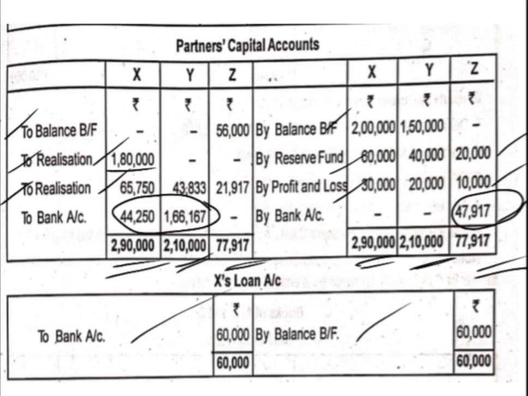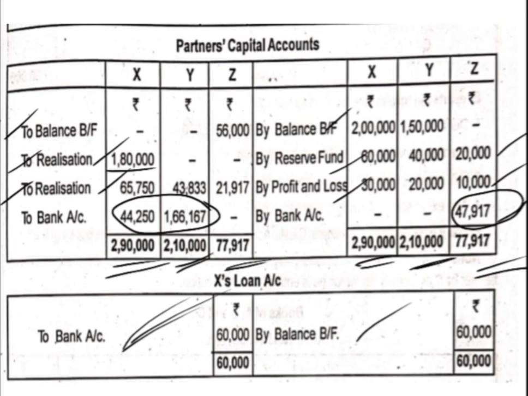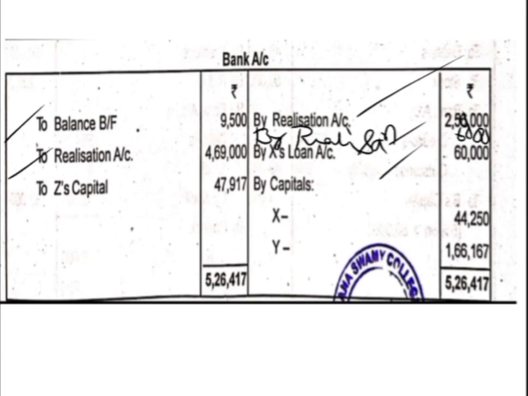The next entry in the partners' capital account. Before we make the entry for settlement of capital balances, we have to write this X loan account debit to bank account. So in the bank account we have to write by X loan account. Now coming to the final settlement of capital. So these two partners are paid off. The entries X capital account, Y's capital account debit to bank account. So in the bank account by X capital account, by Y's capital account.